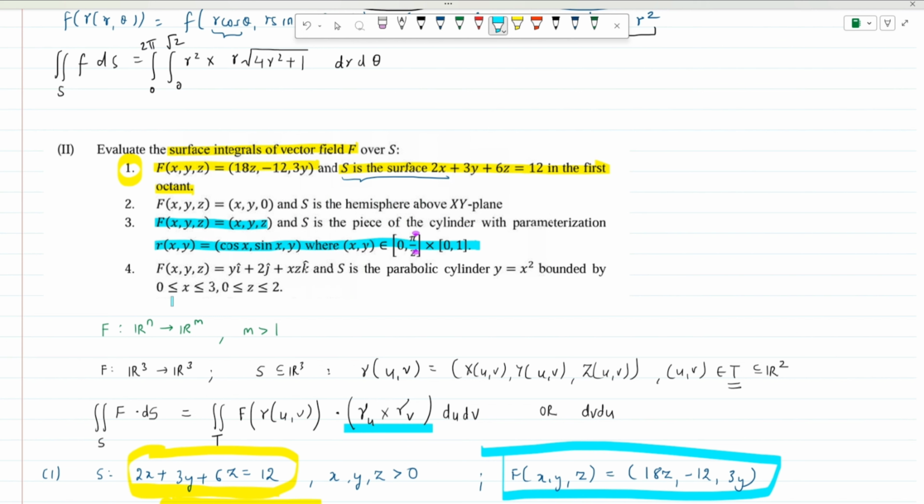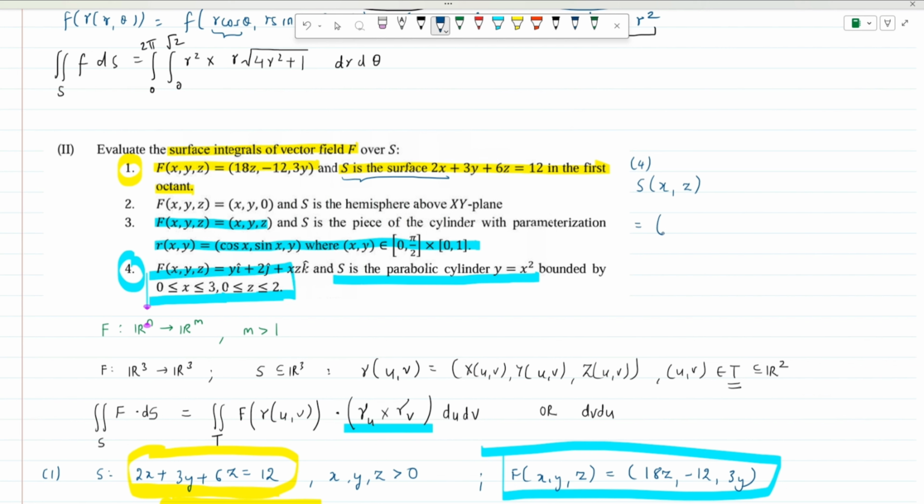If you look at question number 4, we are given that S is the parabolic cylinder y equals x squared, which is bounded by a range of x which is given, and also a range of z. So these give us the hint of what parameterization we can take for the surface S. For problem number 4, the parameterization will depend on x and z.